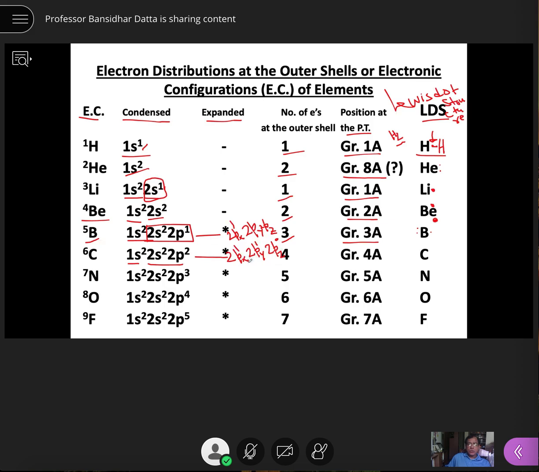As I told you, Hund's rule: electrons will go one at a time to all those available same-energy orbitals. Px, py, pz are the same-energy orbitals of the p subshell. So 1, 1, that's the expanded configuration.